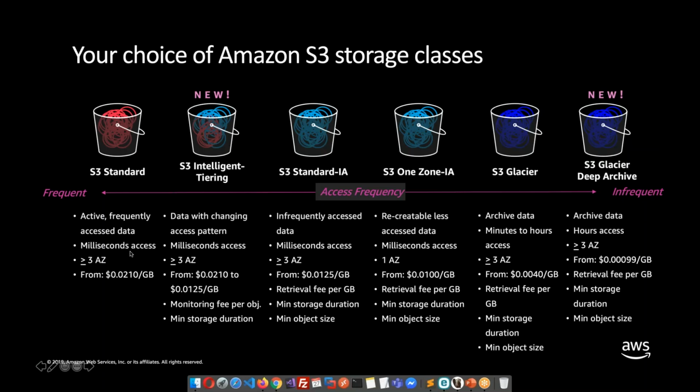Then AWS introduced a new feature, S3 intelligent tiering, wherein it will place your object into a much lower cost S3 option, depending on the policy that you created. So we have S3 standard infrequent access, S3 one zone infrequent access, then we have Glacier and S3 Glacier Deep Archive.